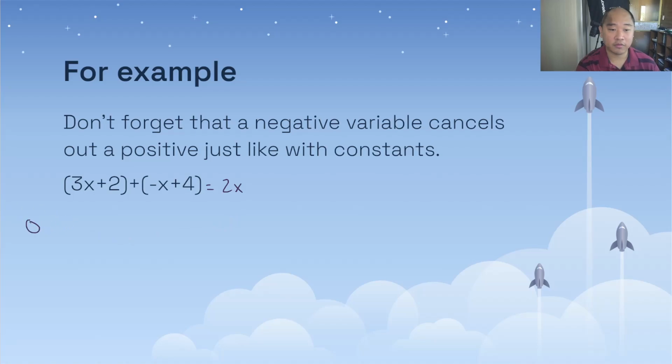If we have 3 x's, 1, 2, 3, and then we had 1 negative x, the negative and the positive cancel each other out, and we're left with 2. Plus 2 plus 4 is plus 6.